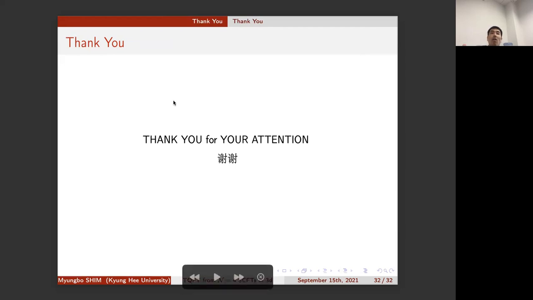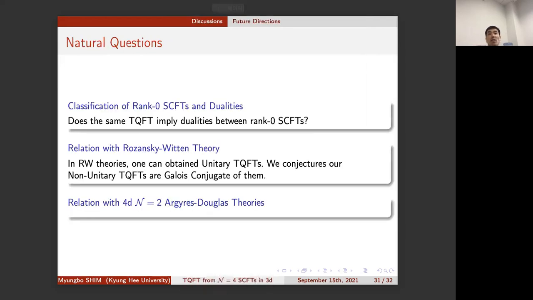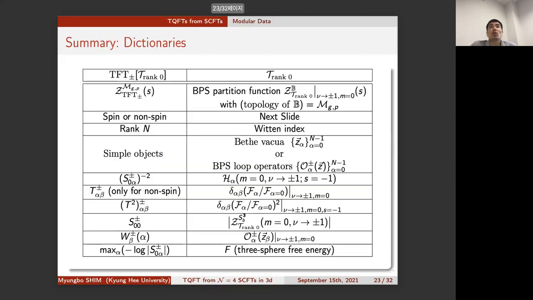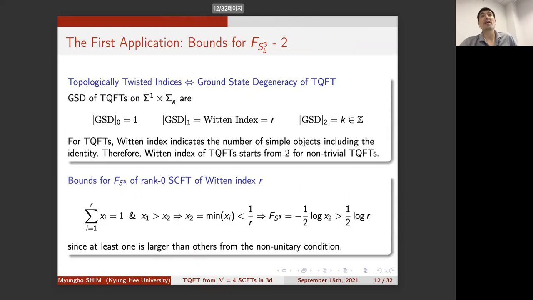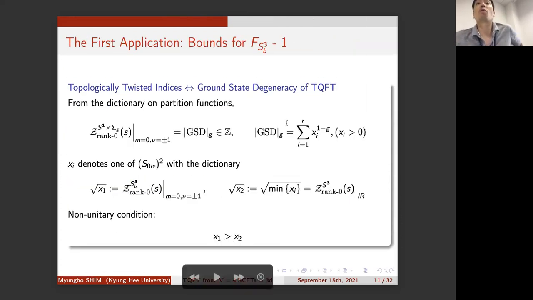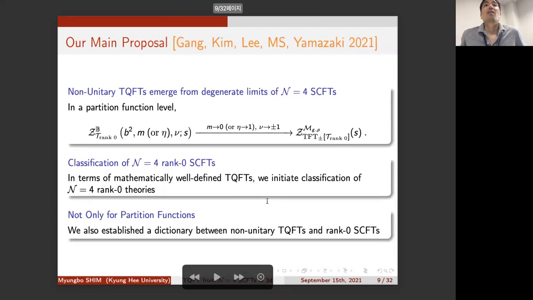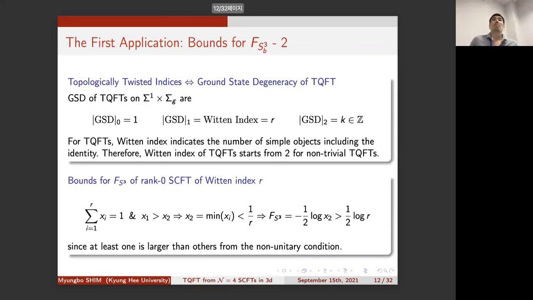I know the abelian case works, when you try to compute the topologically twisted index, the sum over Bethe vacua works for abelian 3D N=4 theories. But for the non-abelian case, I tried some, for example non-abelian SQCD for 3D N=4, and the sum over Bethe vacua somehow doesn't work. That's my observation.